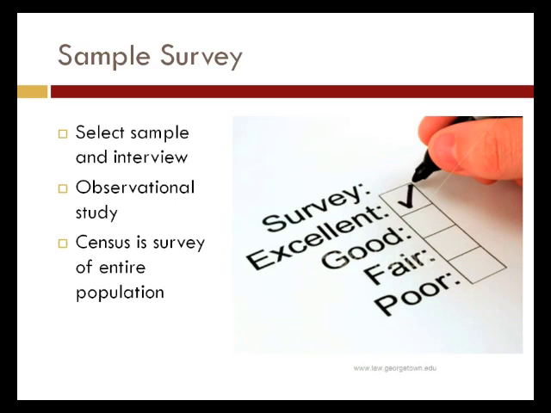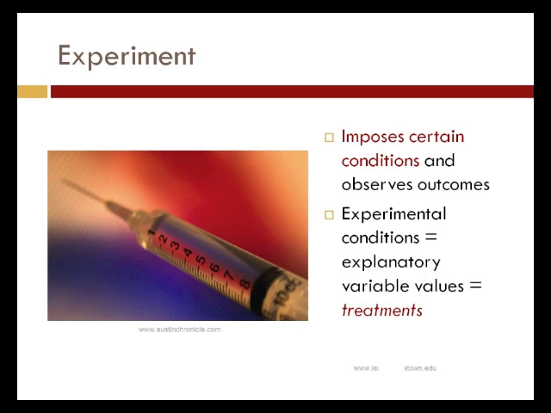And an experiment, on the other hand, is quite different from just observing, because you're actually imposing something on your participants. So, especially if you're experimenting on human subjects, that becomes a very sensitive sort of issue. And experimenting on underage human subjects is probably almost always forbidden.